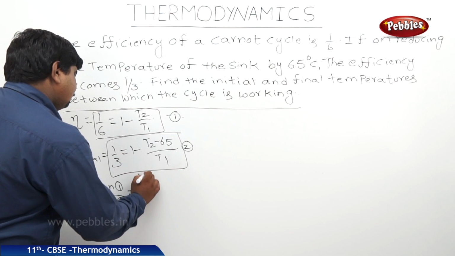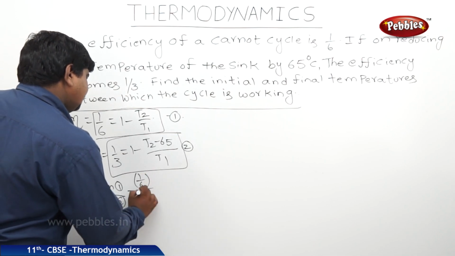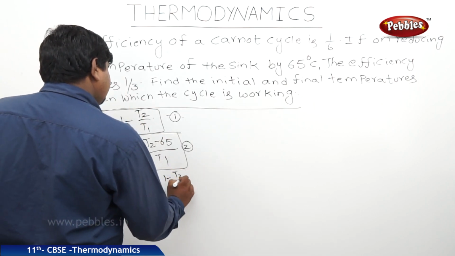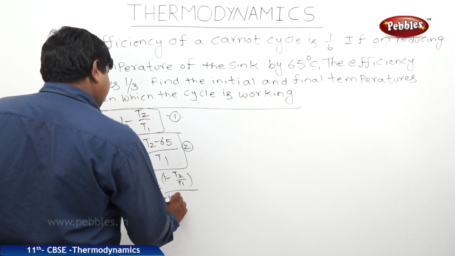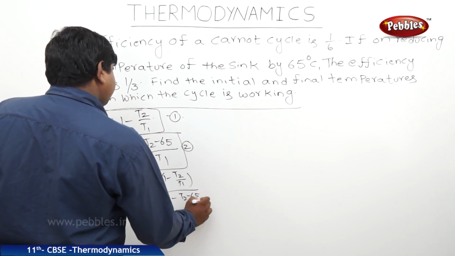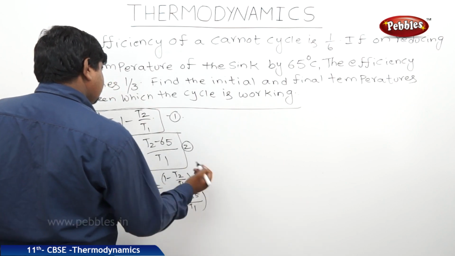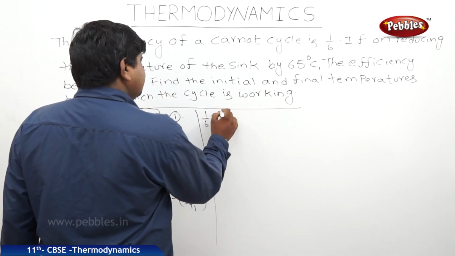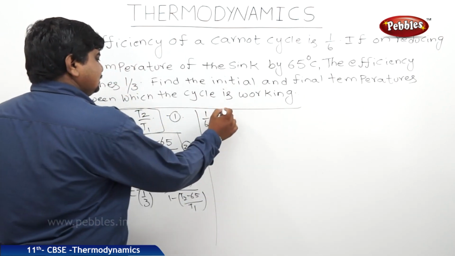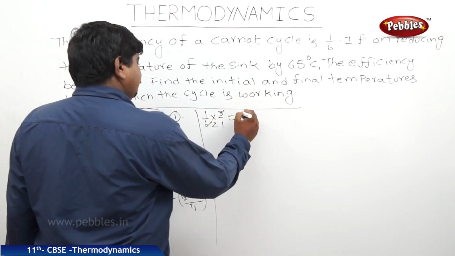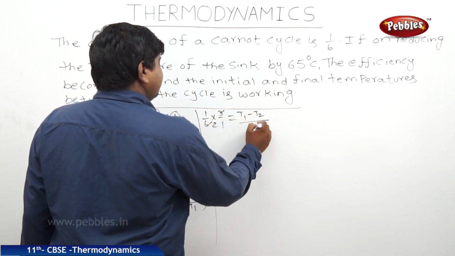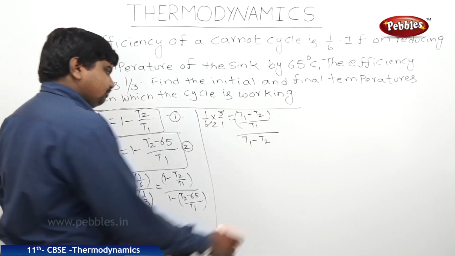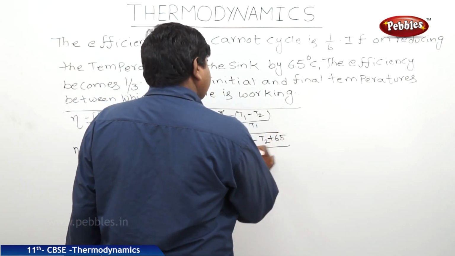LHS is 1 by 6 whole divided by 1 by 3, is equal to the RHS of equation 1, 1 minus T2 by T1, divided by 1 minus (T2 minus 65) by T1. This 1 by 6 by 1 by 3 will become 1 by 6 into 3 by 1, that is equal to 1 by 2, is equal to (T1 minus T2) by T1 whole divided by (T1 minus T2 plus 65) by T1.